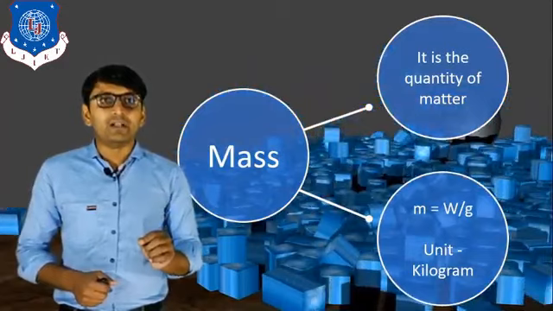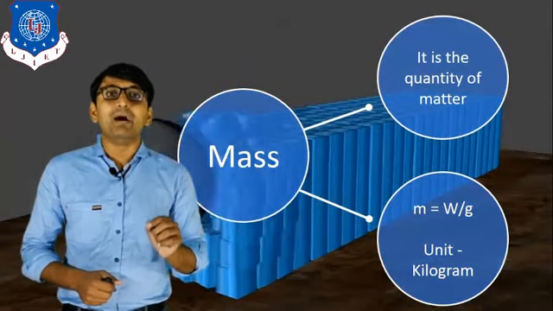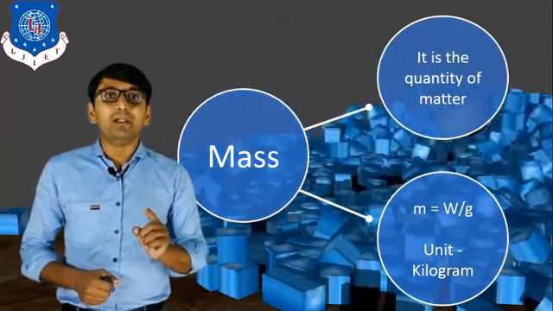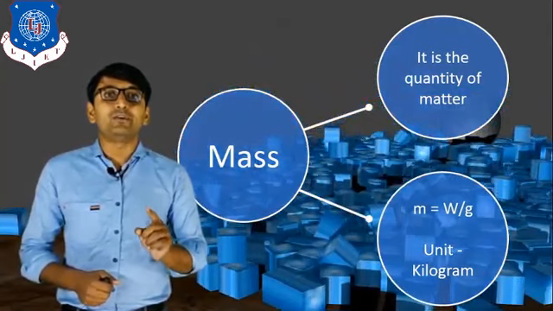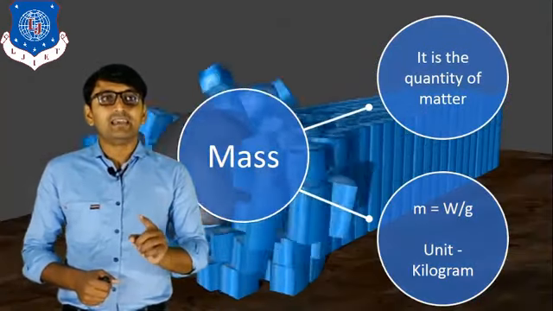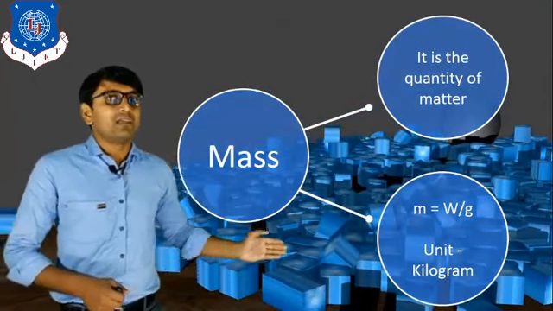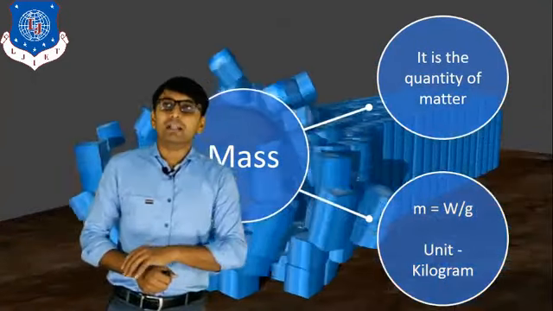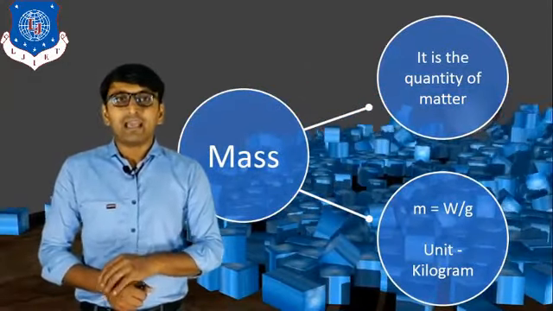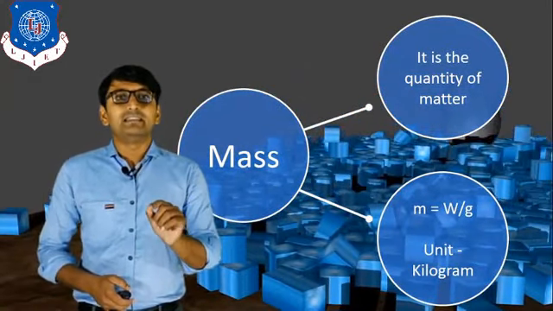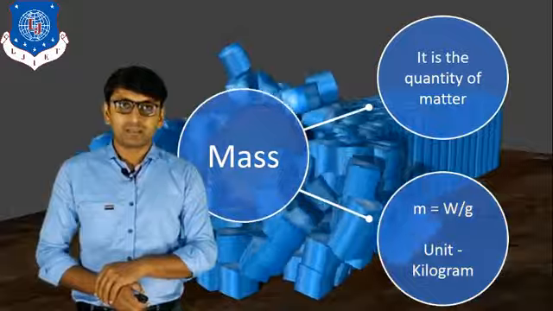So m is equal to W divided by G, where W is the weight of the body and G is the gravitational constant. The unit of mass is kilogram.